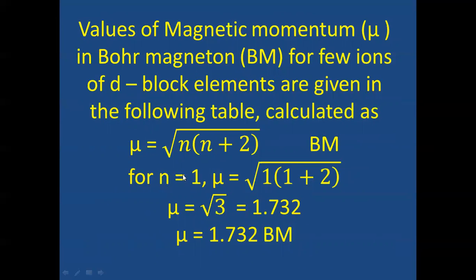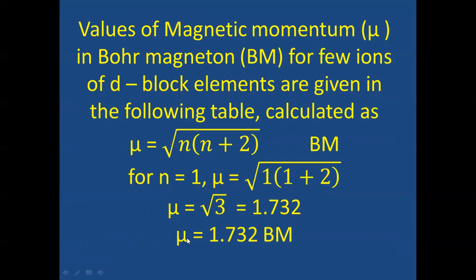Here, if one unpaired electron is there, we substitute 1 in place of n. So it will be 1 into 1 plus 2, or 1 plus 2 is 3, 3 ones are 3. So root 3 is equal to 1.732. So the value of root 3 is 1.732.